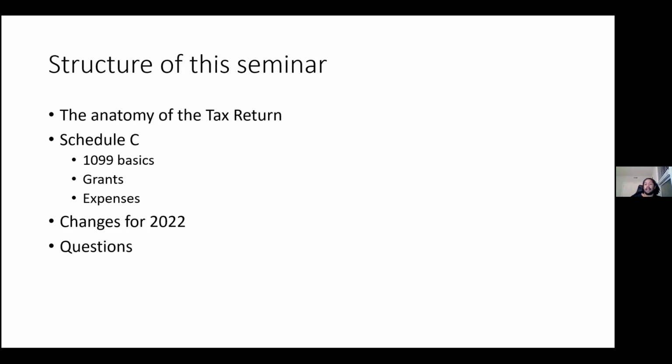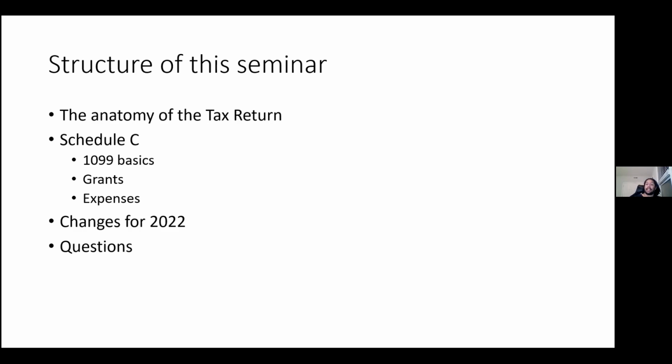Grants, money coming in, and other income for the artists. I want to get into a little bit about that. Expenses, stuff that's on every business owner's mind, especially artists. What's deductible, what's not. And then I'm going to go into the changes from 2020 to 2022. There's been a moderate amount of changes.